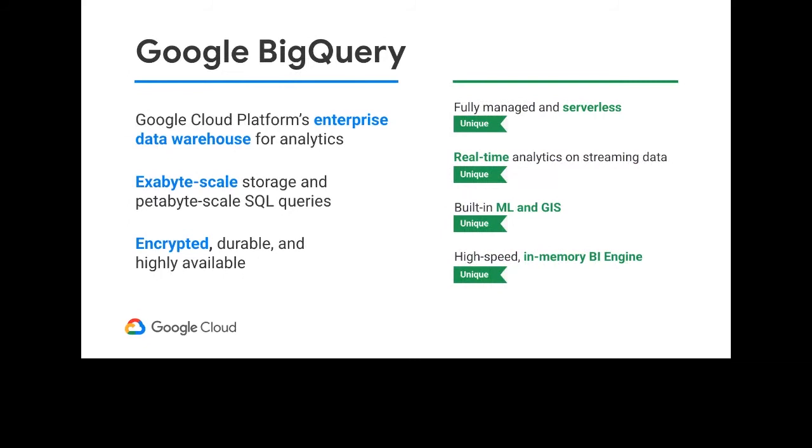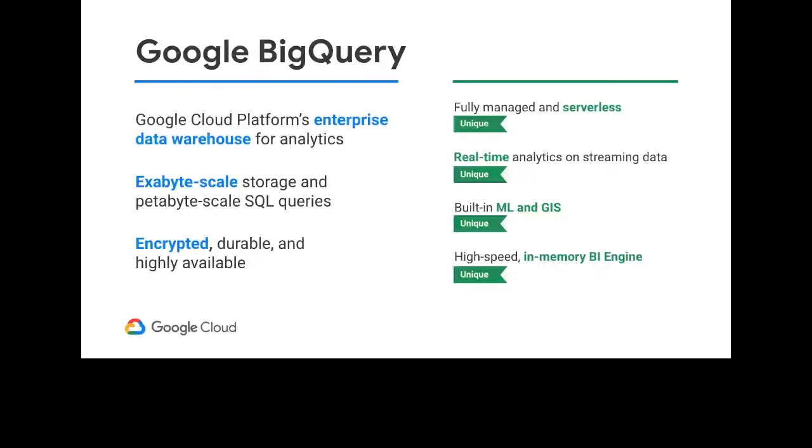The data in this data warehouse is completely encrypted, durable, and highly available. When I say highly available, it means that let's say you store data in one VM or some infrastructure, and that particular machine goes down. Obviously you don't want downtime, so that data will be stored on some other machine, and your traffic will be redirected internally to that machine, so that you don't have downtime.